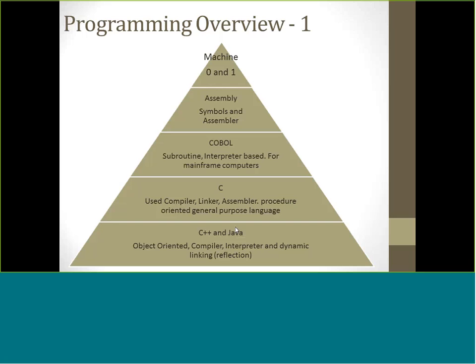So what was the need of Java when we had C and C++ by that time? Why did our great inventor Mr. James Gosling develop Java? I'll talk about that. Let me first give you a hint about procedure oriented and object oriented.